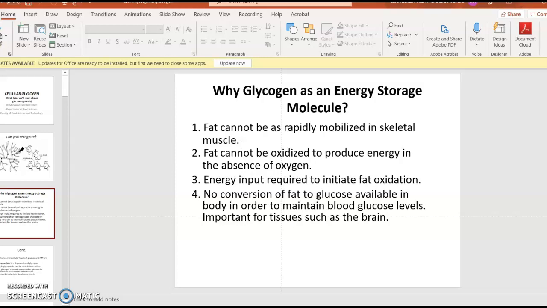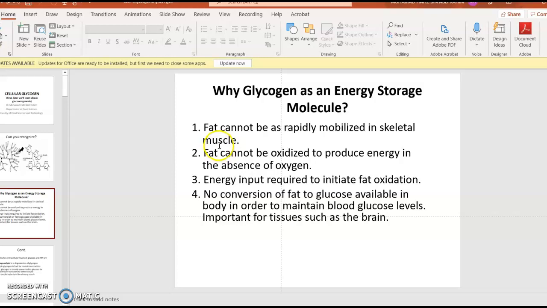This is because glycogen is very heavy. It can attract two waters for one molecule of glycogen, so if the body synthesizes too much glycogen, the body will be too heavy. But fat is hydrophobic, so it is very light. The body can synthesize fat without limit. If you eat a lot, there will be no limit to the storage of the fat. That's why you can see people get very big if they eat too much.